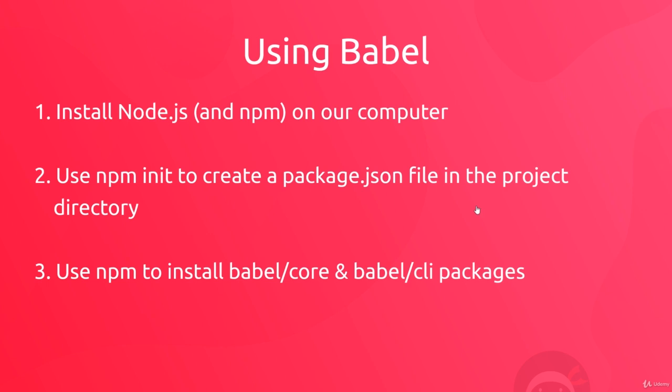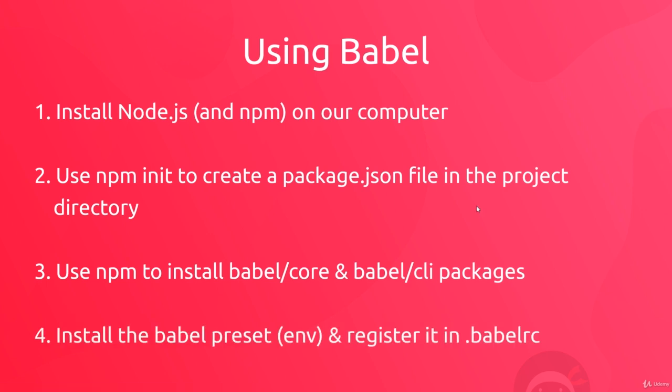And then fourth, we installed the Babel preset locally, and we registered that in the .babelrc file so that when Babel runs, it knows which preset to use to convert our code. So that is the whole process broken down into these 4 steps. And now we have a project environment which is set up and ready to use Babel to convert our modern JavaScript code into cross-browser compliant code that can work in pretty much every browser.